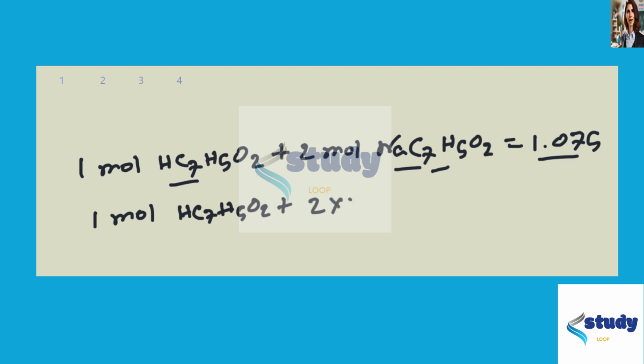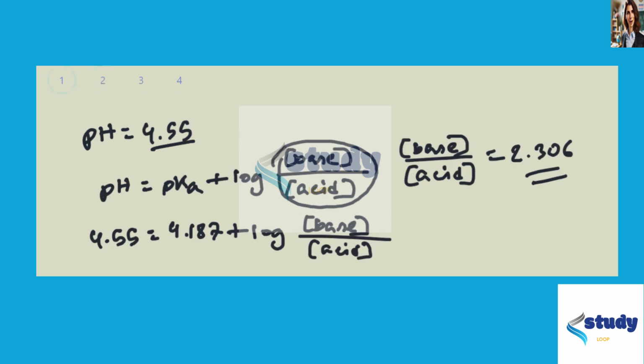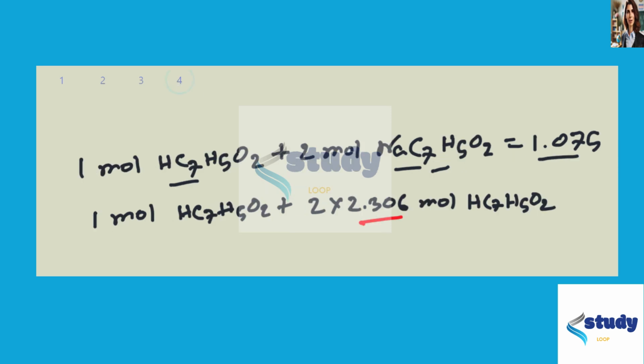It will be 2 times 2.306 mole of the benzoic acid, HC7H5O2. This value comes from our base to acid concentration ratio, and we multiply by 2 to convert the base to acid. This will be equal to 1.075, and in total we have 5.612 mole acid.